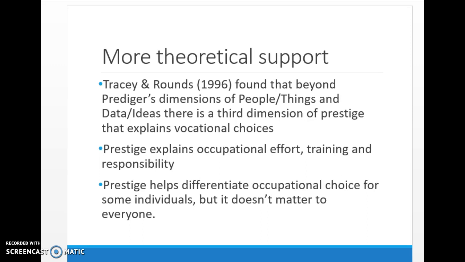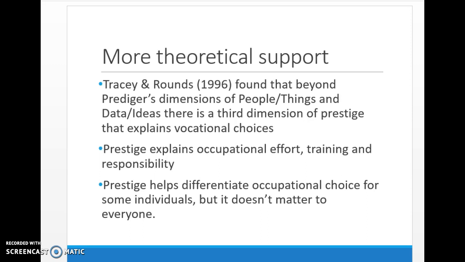So right now we have these 2 dimensions, people, things, and data, ideas. So Tracey and Rounds said there's also this other dimension which goes to prestige. And by prestige, they are talking about the kind of effort, training, and responsibility involved in that job.